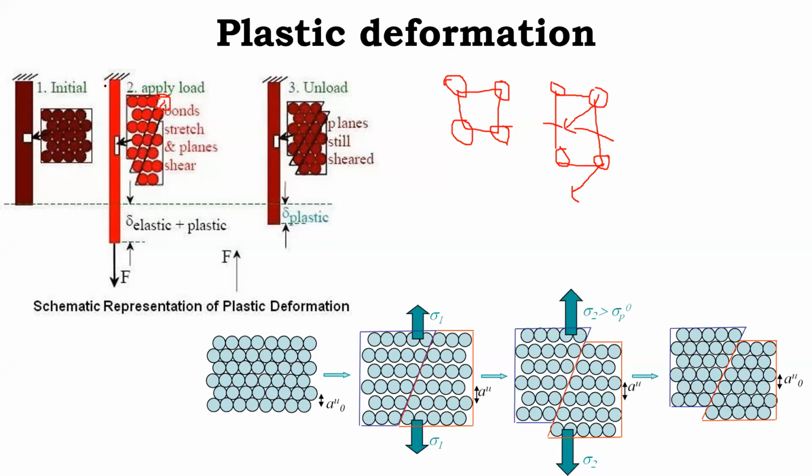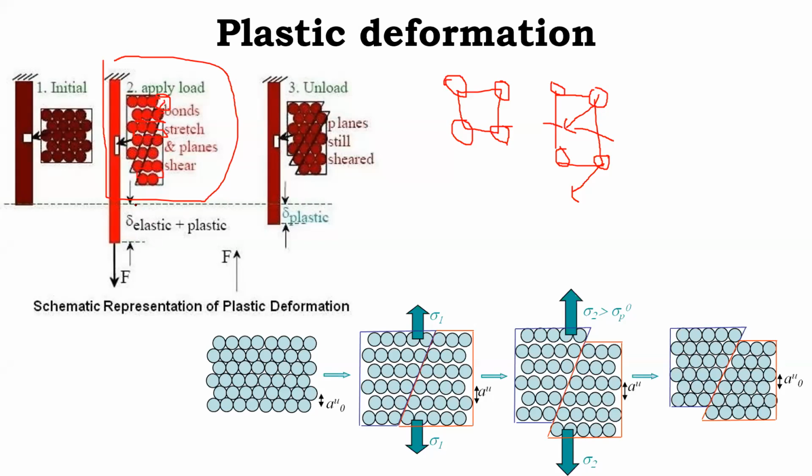So in this diagram, I want you to observe 2 things. One thing is, just now I explained that the molecules have changed their position from this to this, and this is the permanent part. The second thing I want you to observe is this gap that is present. So this gap is because of the stretching of the bonds.